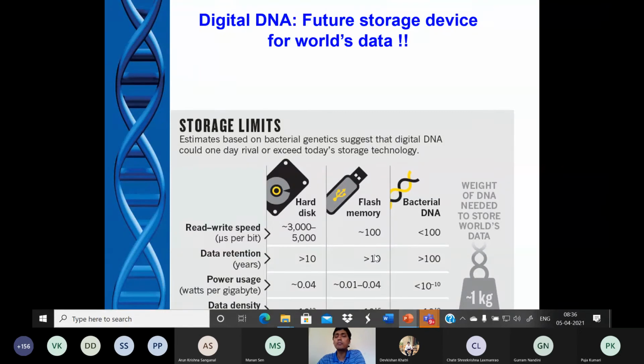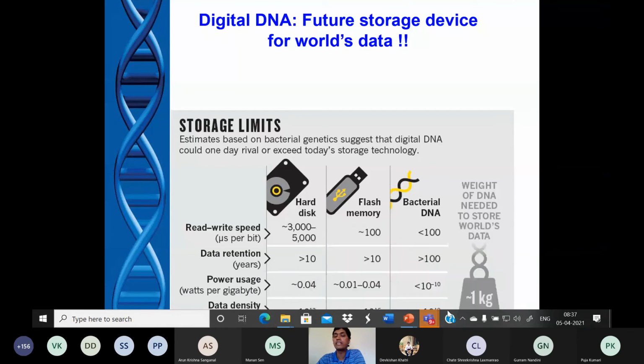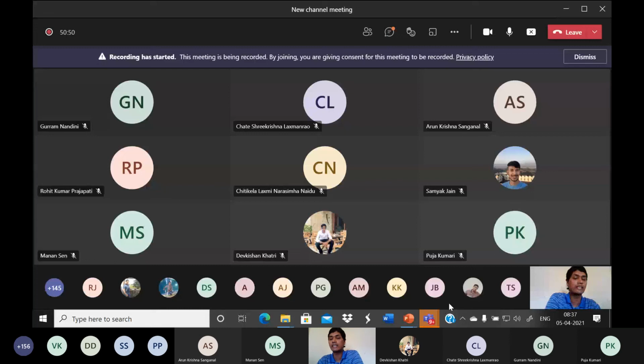Now, one of the biggest advantages is data retention. The data retention in terms of years is much greater in the case of DNA. You just code and store information in DNA and then keep that DNA in a refrigerator, at minus 20 degrees, or minus 70 degrees, and it will stay for years after years, not just 100 years, 1,000 years, right?